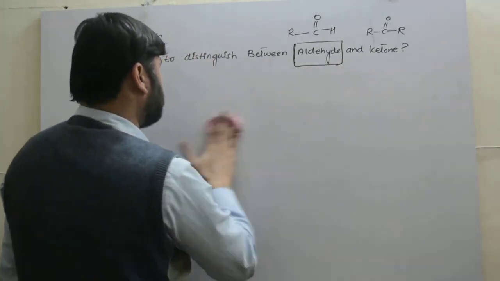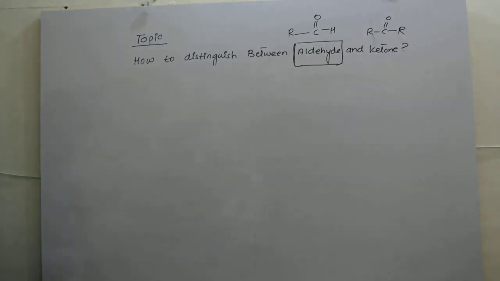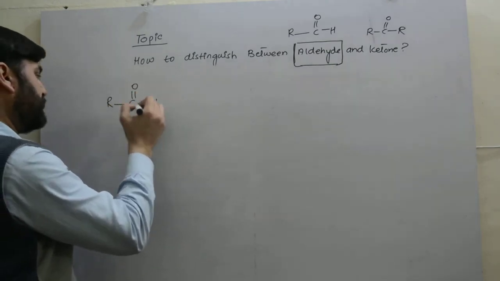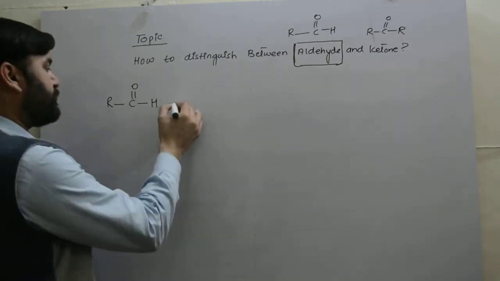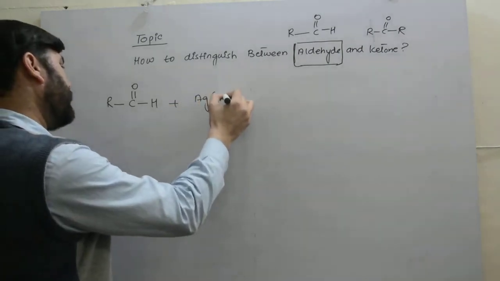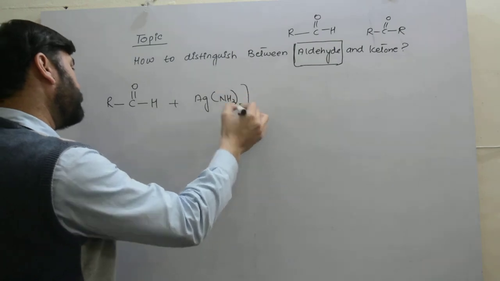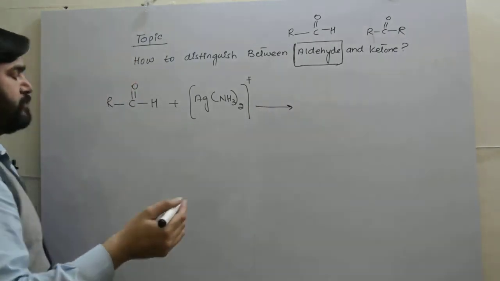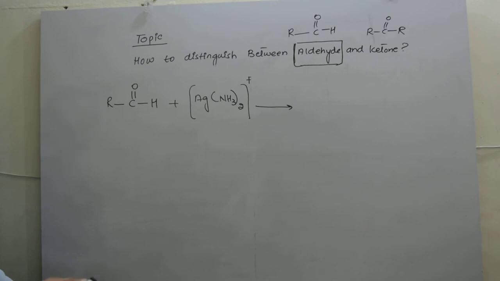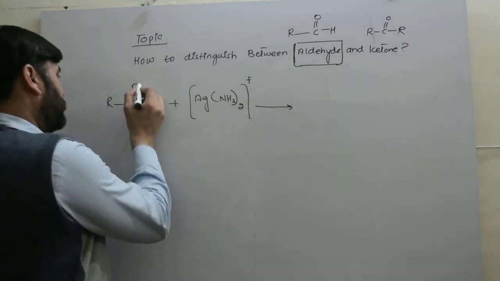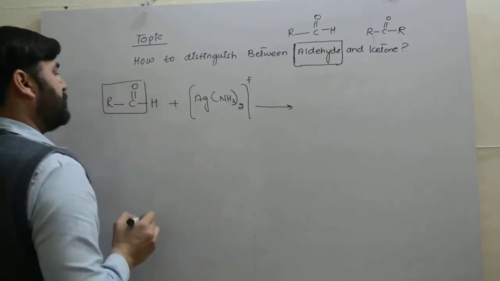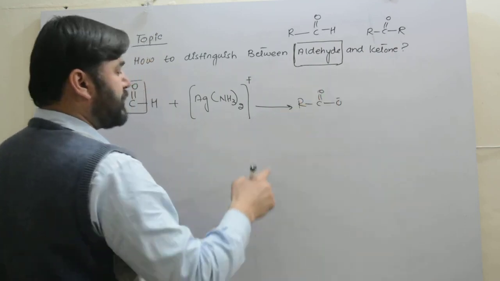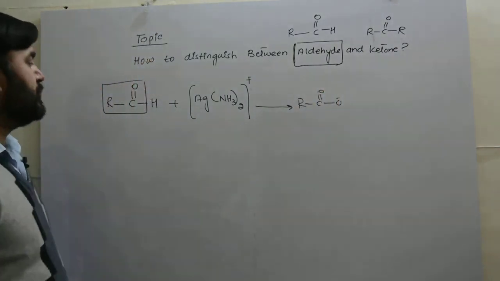So, let us discuss it in the shape of a reaction. Suppose there is a reaction, RCHO, this is aldehyde, and it reacts with Ag(NH3)2 plus. Because this part of the aldehyde is oxidized, it forms RCOO negative, because we can write it in negative form as it is present in the solution.